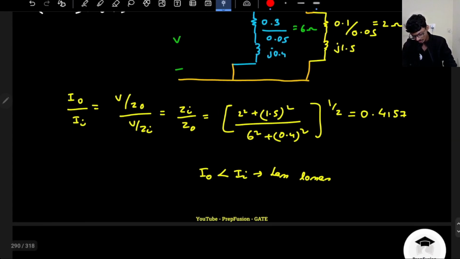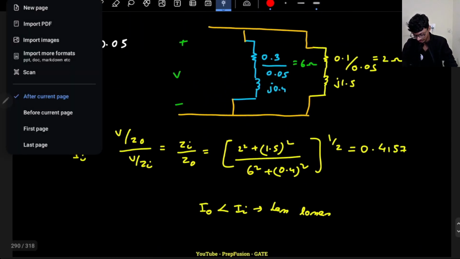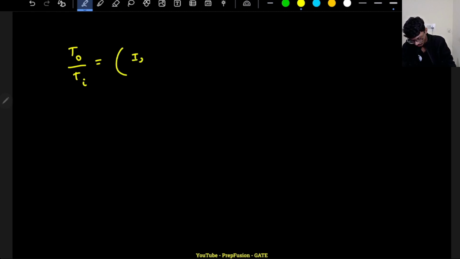Okay, for torque, you can do the same thing for torque analysis. Torque outer by torque inner will be equal to, slip is same, so it will be outer current divided by inner current whole square into outer resistance R2 outer divided by R2 inner.